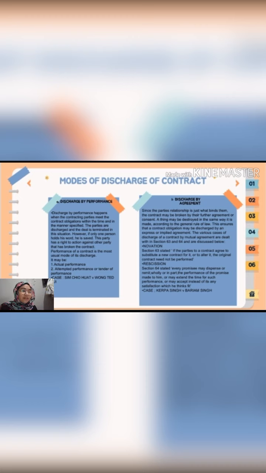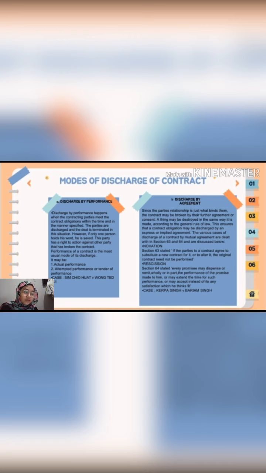For performance by a third party, in Section 42, when a promisee accepts performance from a third party, he cannot enforce it anymore against the promisor. Examples of this case can be seen in Haji Nik Ishaq bin Haji Nik Daud versus Nik Zainab binti Nik Jafar, and Ching Su On versus Pushong Realty Sdn Bhd.